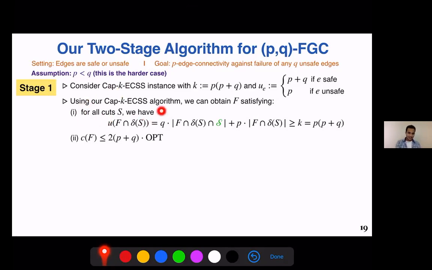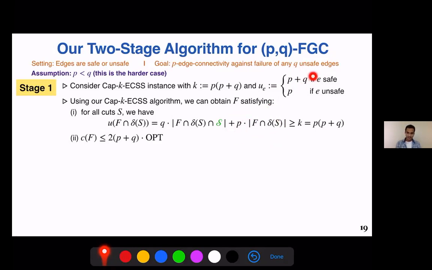Using our capacitated K-ECSS algorithm on the above instance, we can obtain a solution F such that the capacity of any cut is at least K. The expression for the capacity of any cut has the following form. Every edge contributes capacity P, so we get this term.